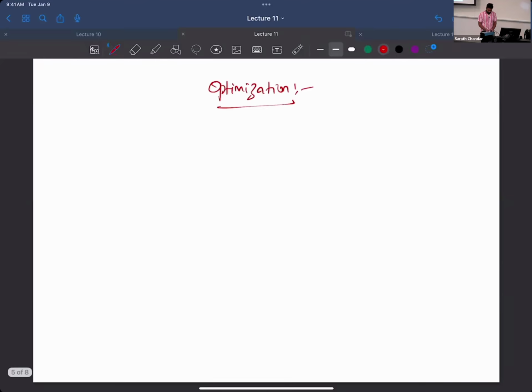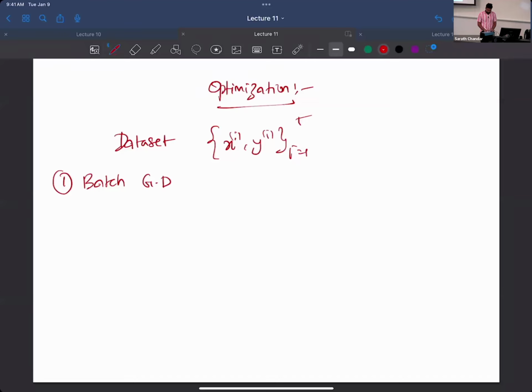Okay, and just as a recap, let's say we have some data set of a bunch of xi, yi for i equal to 1 to t, right? So we have seen batch gradient descent, which is basically theta is equal to theta minus alpha times the gradient of the loss function with respect to the entire data set, so x1 to t, y1 to t, right?